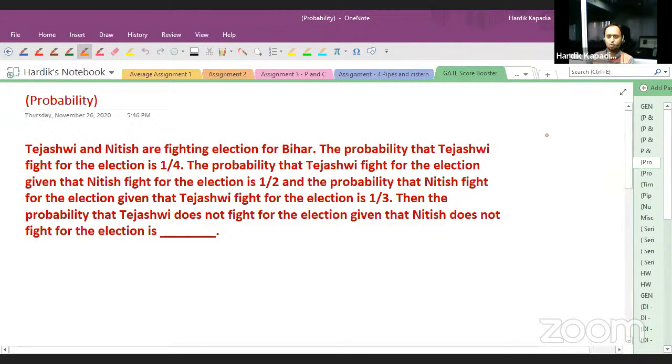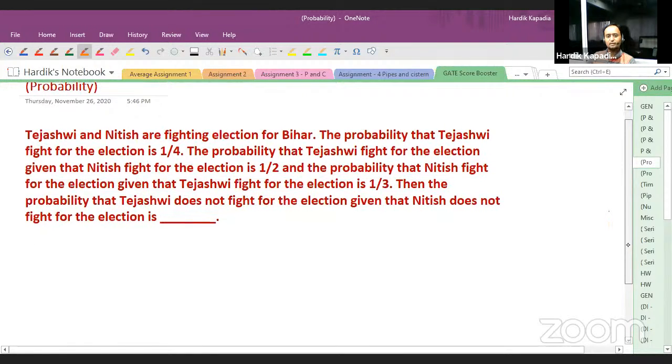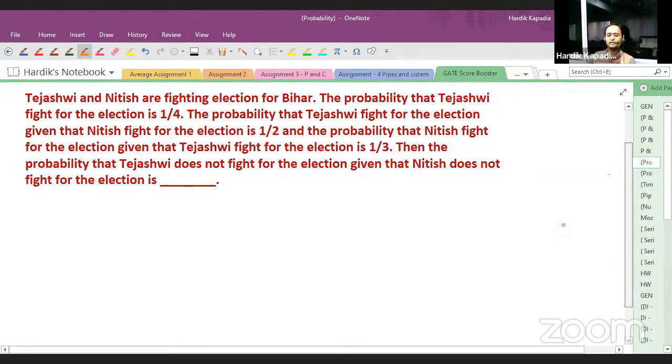This is your next question for probability. Till now we were calculating permutation and combination. Now we'll have probability questions. You all have witnessed the election between Tejasvi and Nitish Kumar. This is a real life example.